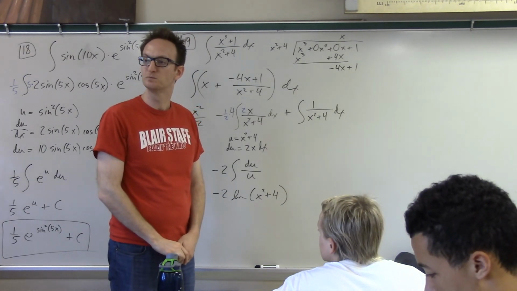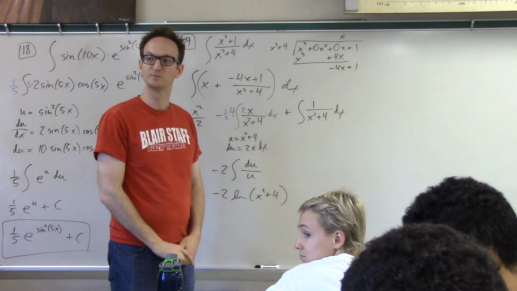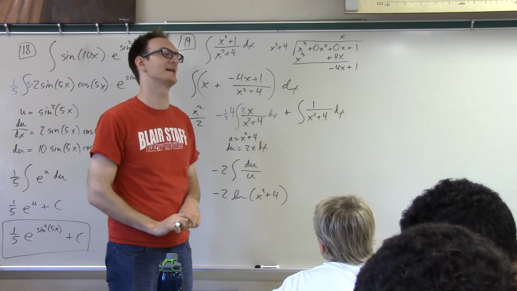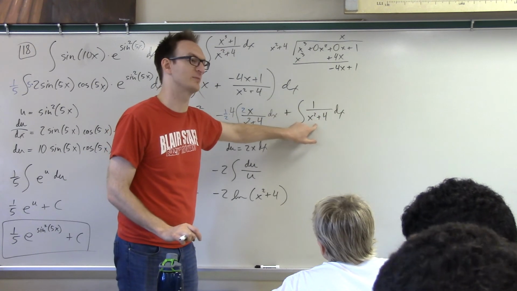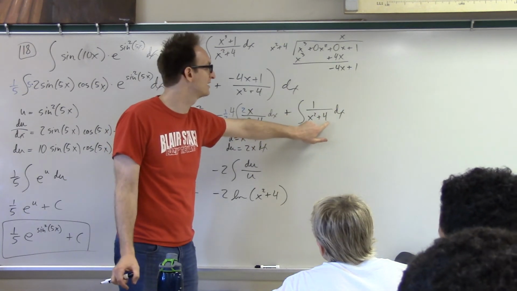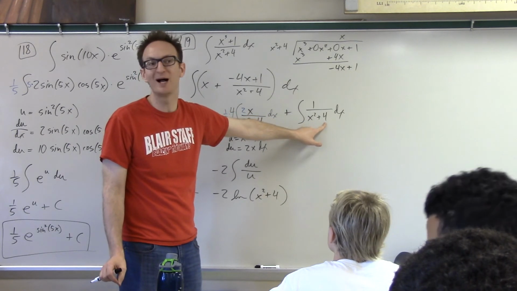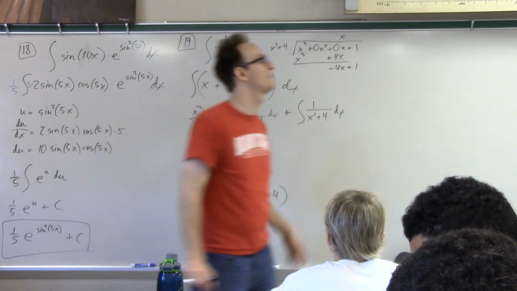Yeah. It almost looks like the derivative of arctan, he says. Because the derivative of arctan is 1 over x squared plus 1. So it's like, oh man, you stupid 4. I wish you were a 1. Well, we can make the 4 a 1 by the power of positive thinking.